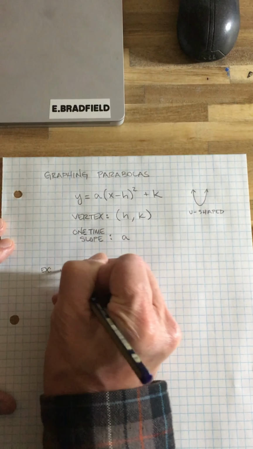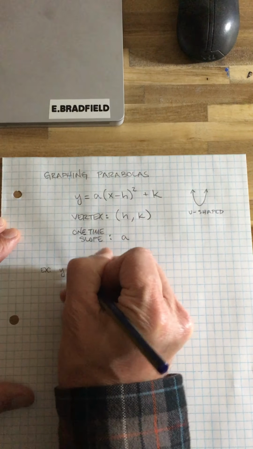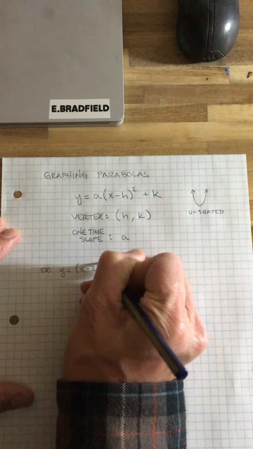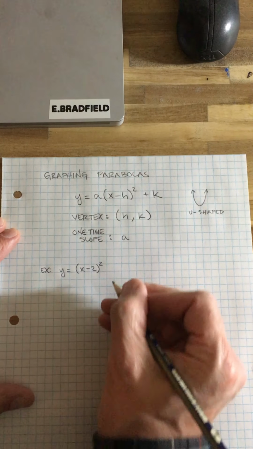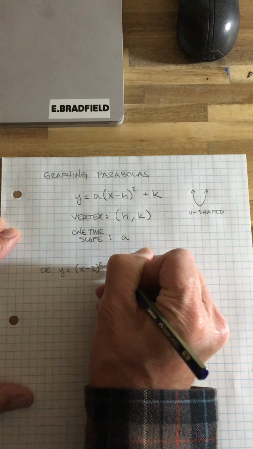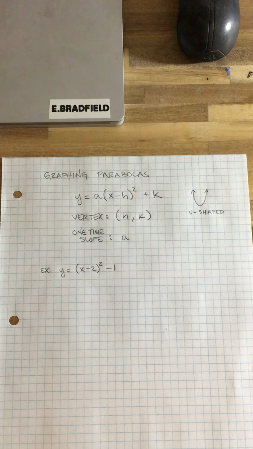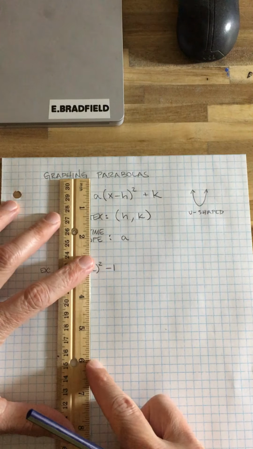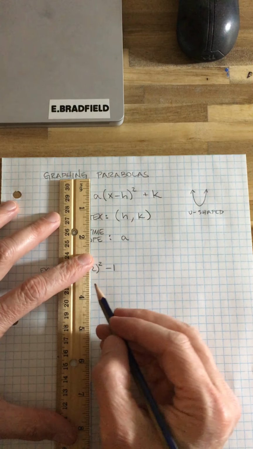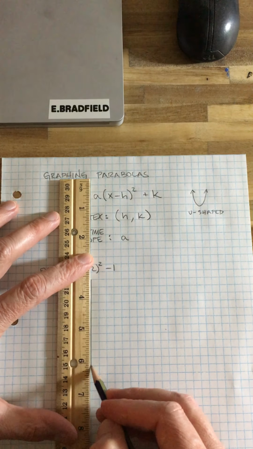All right, here we go. The first one is y equals (x minus 2) squared minus 1. All right, so I'm going to graph this really quick. Give me a second. I will draw x and y axes.